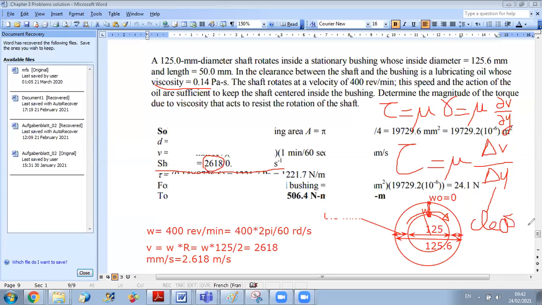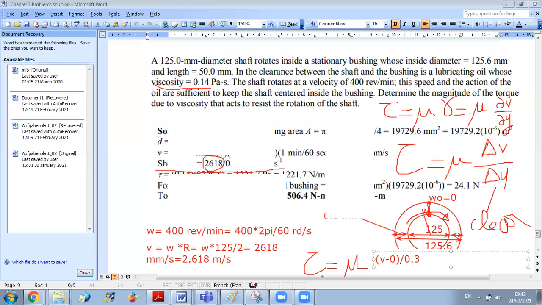Delta v will be v minus 0. So tau is equal to mu, which is given, times v minus 0, over the clearance, which is 0.3.